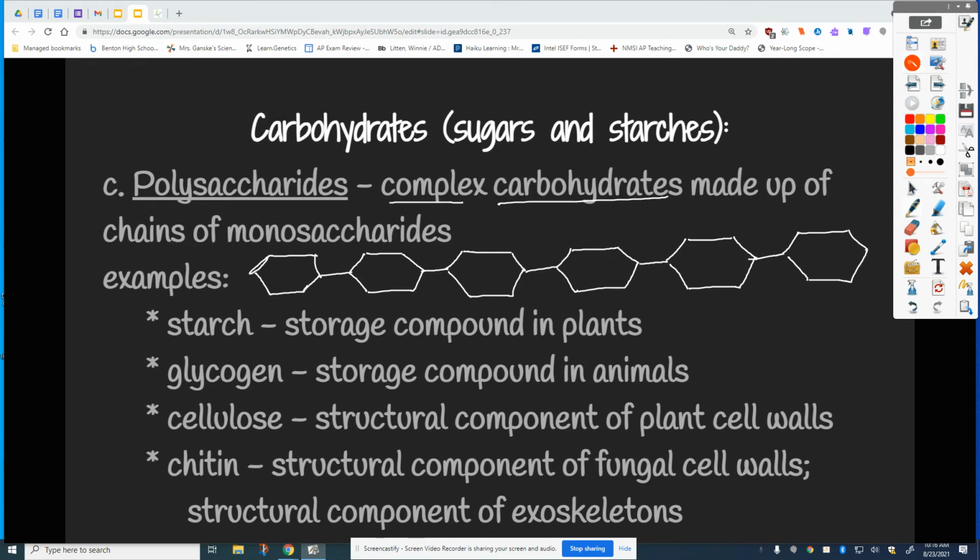There's starch. How many of you have ever heard of starch? Okay. Starch is an energy storage compound in plants. What things can we eat to get starch?